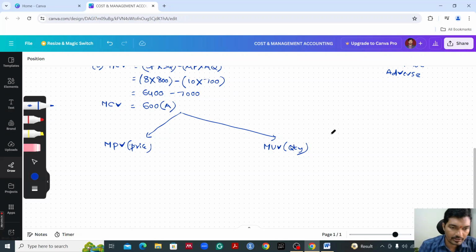So the formula for material price variance, MPV, is equal to the actual quantity into, while finding the variance in price, standard price minus actual price.